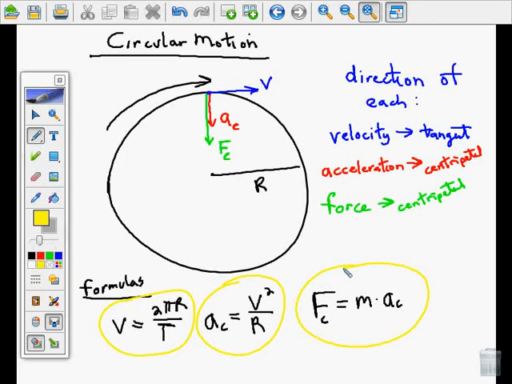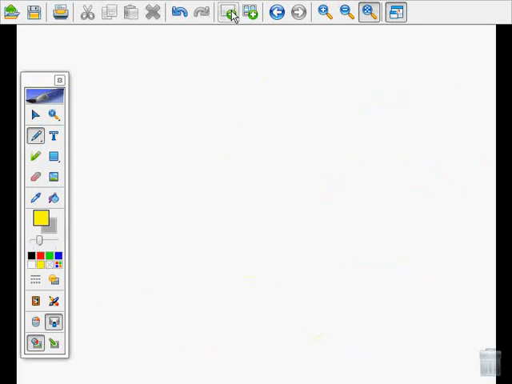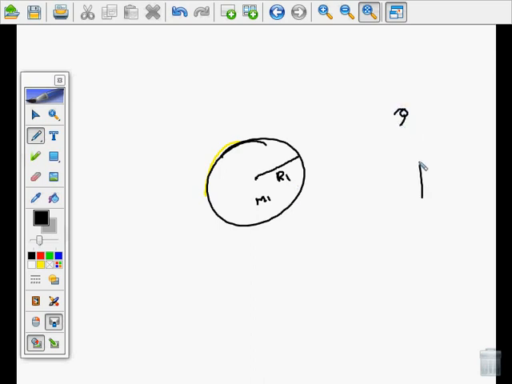So if this is M1 and this is R1, some planet, and the planet has a radius R1, and then you have some satellite that's in a circular path and it's a distance h above the surface.